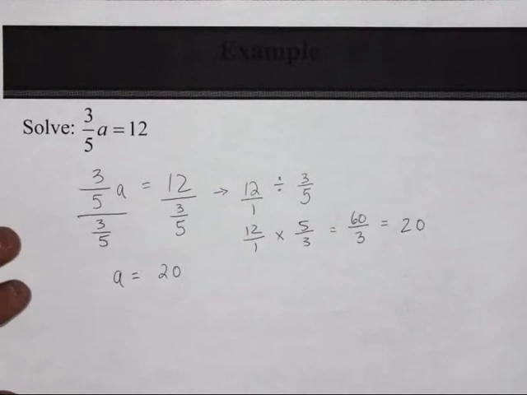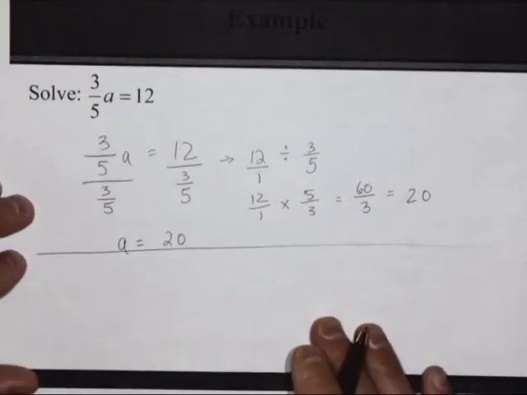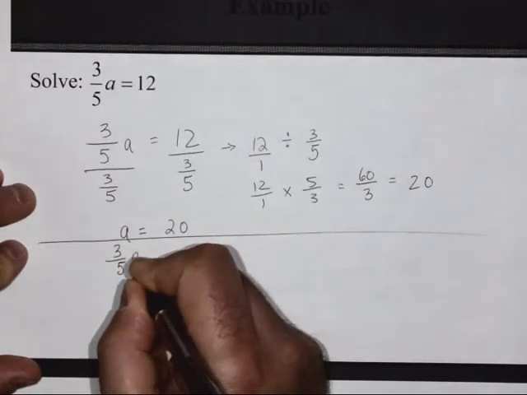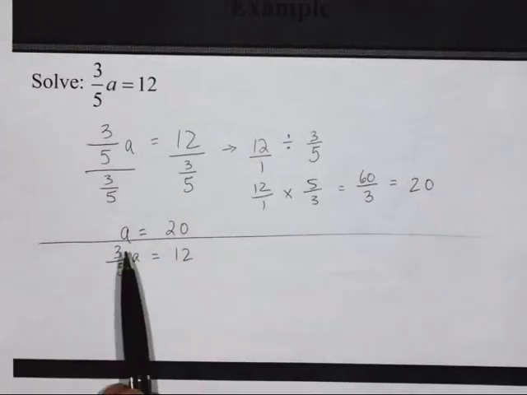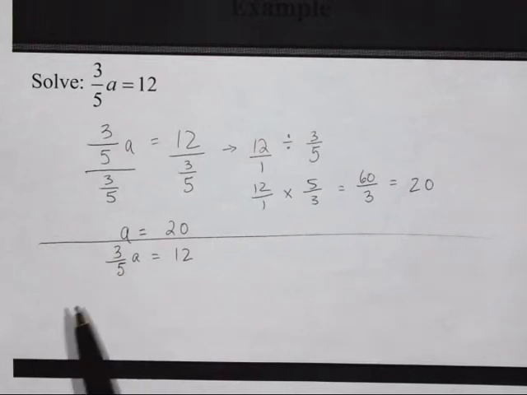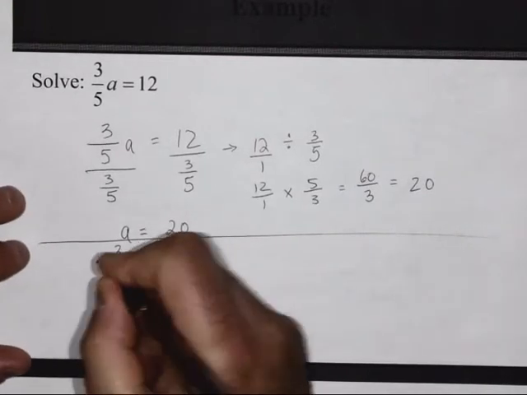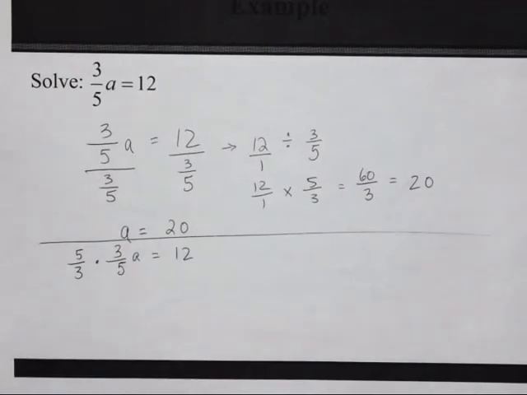Here's a shortcut. If I have 3/5 a, or any fraction times the variable, to get rid of this fraction, just multiply both sides by the reciprocal, which is the reversal of that fraction.